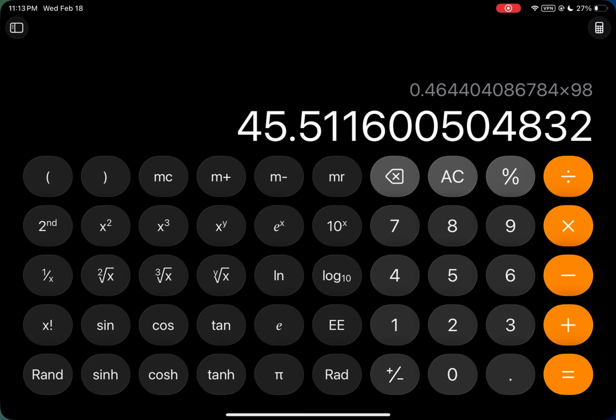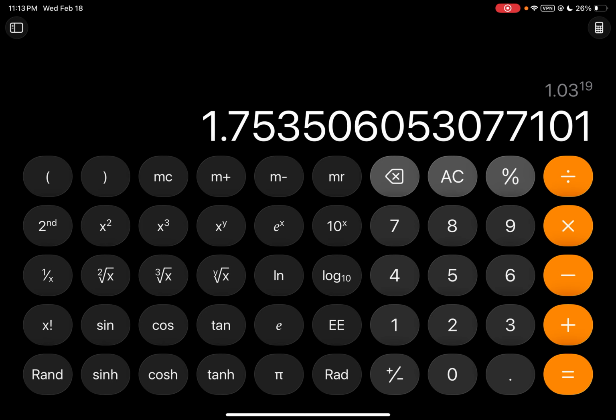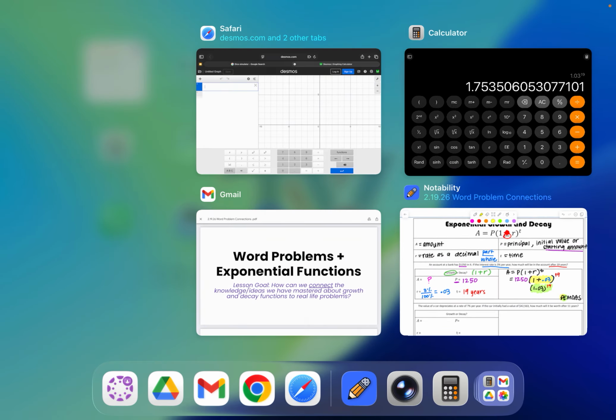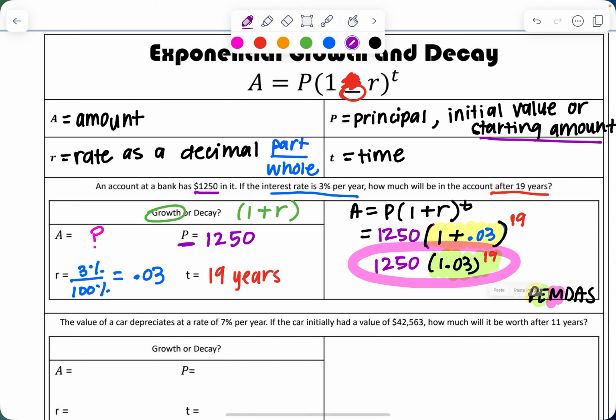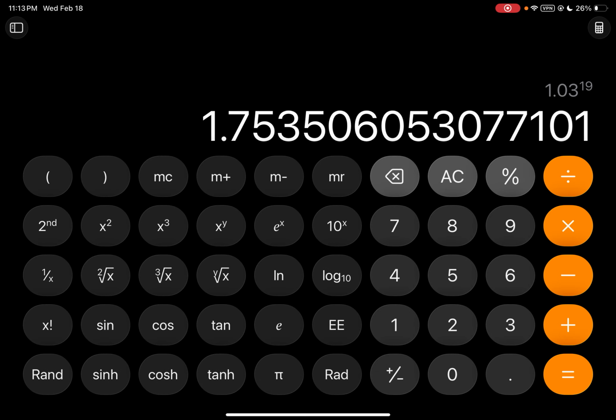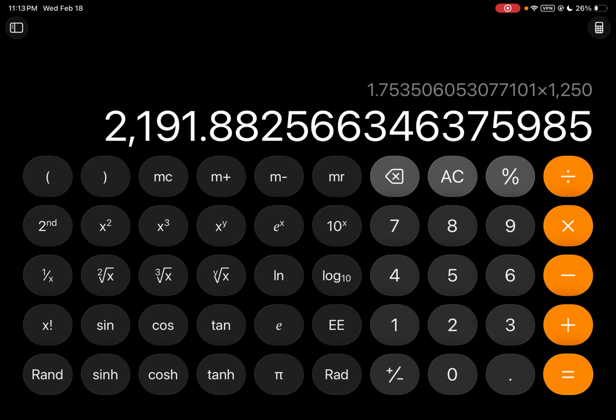So we're going to go to our calculator, 1.03 raised to the 19th power, and I have this crazy thing. When I go back to PEMDAS, M multiply is next. So now I'm going to need to take this amount and multiply it times 1250 in my calculator, and this is what I end up with.